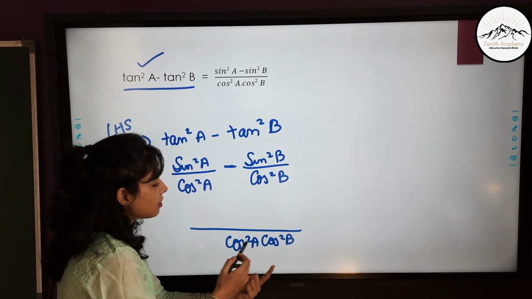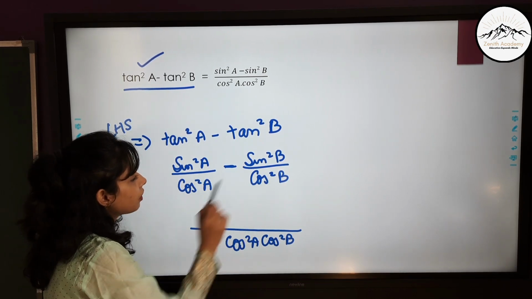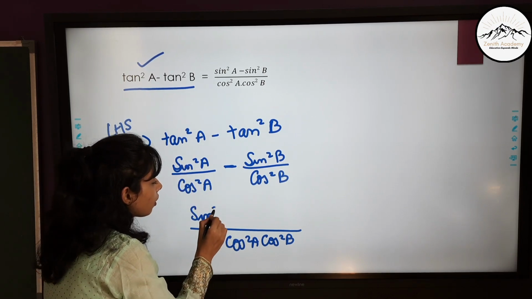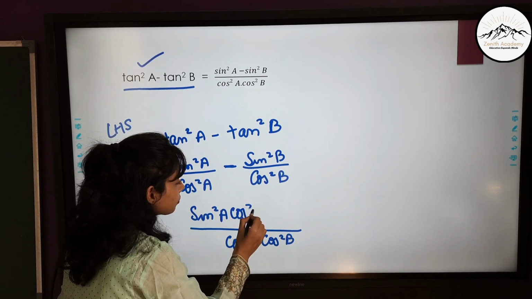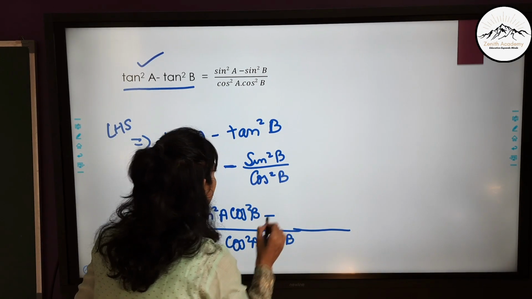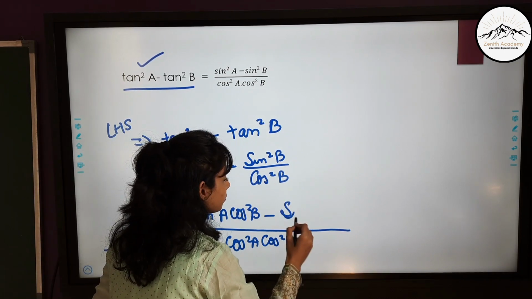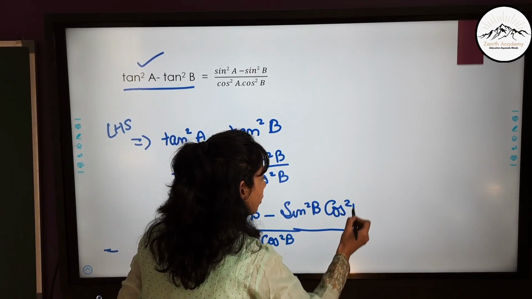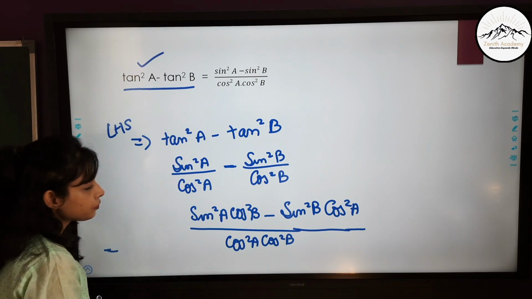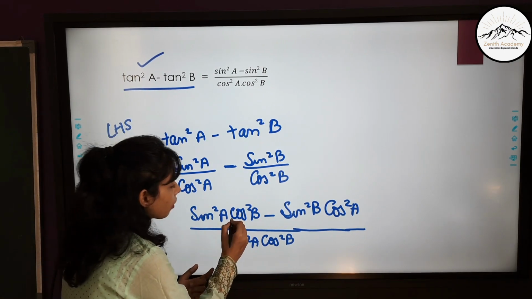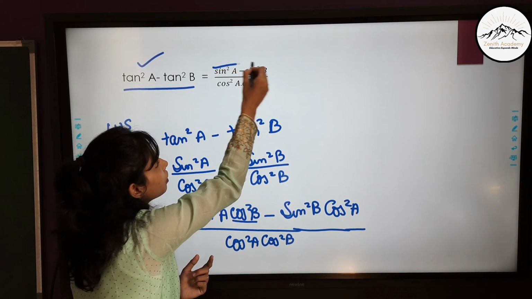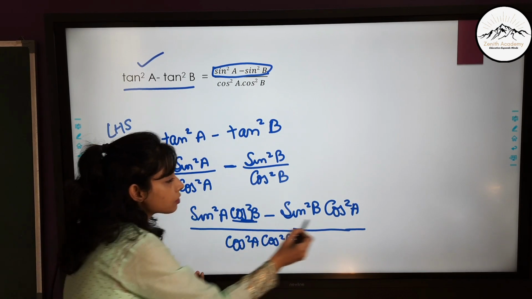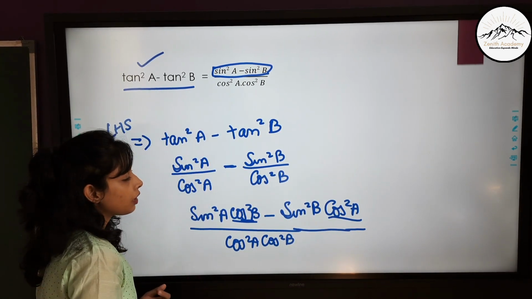Now when we have taken the LCM by multiplying the two denominators, let's cross multiply and get the numerator: sine square A into cos square B minus sine square B into cos square A. Now since in the numerator we only need the terms of sine, we need to eliminate this cos term from here. How can we do that?